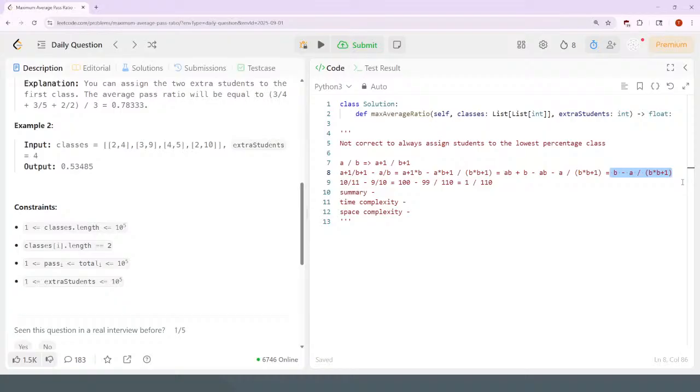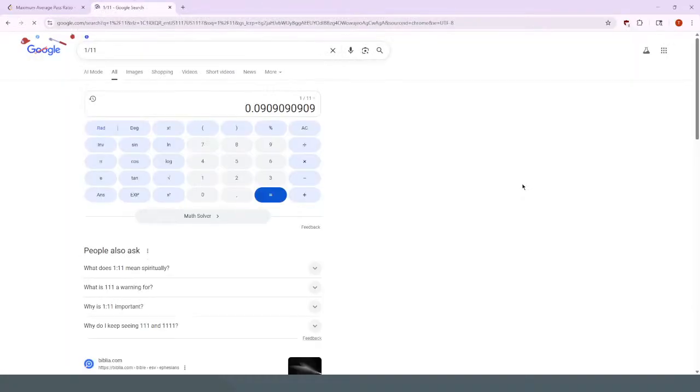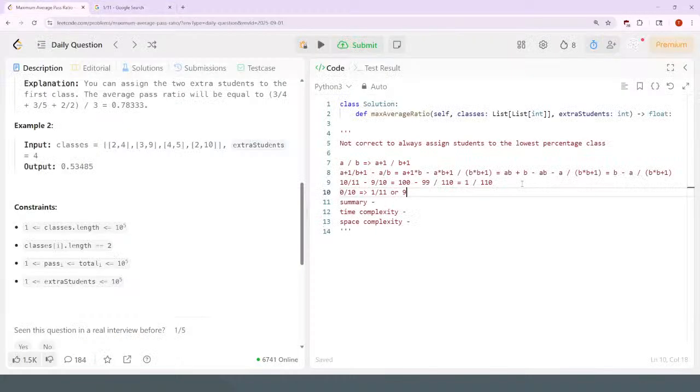So if you go from 0 out of 10, let's say you go from 0 out of 10 to 1 out of 11. 1 out of 11 is like 9%, 9.09%.